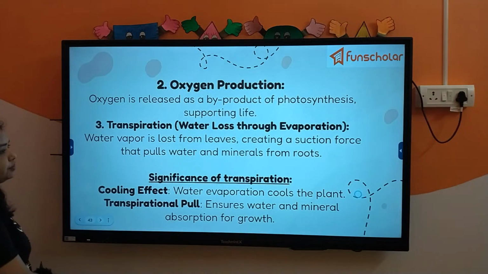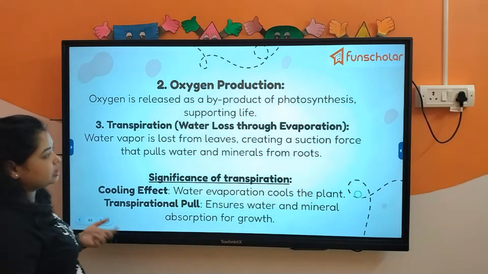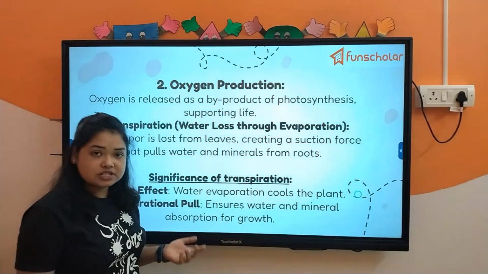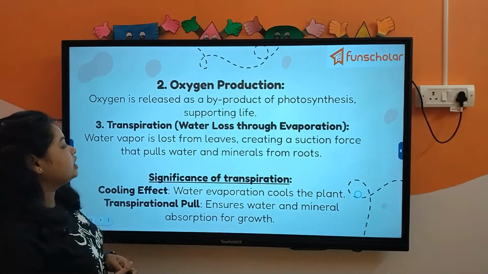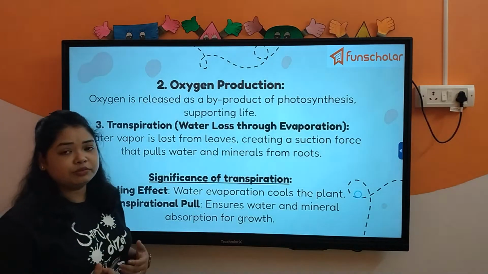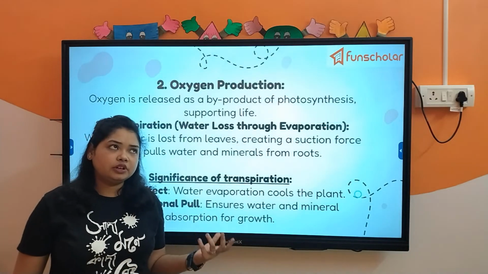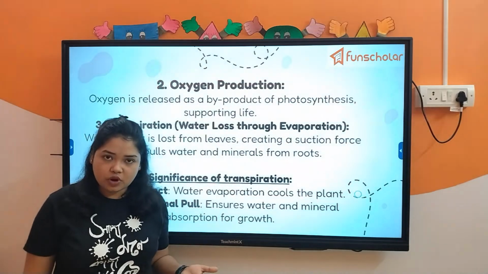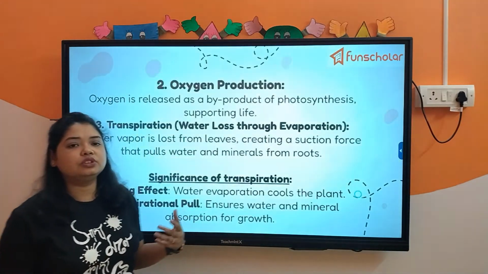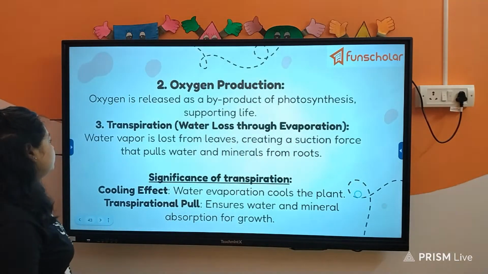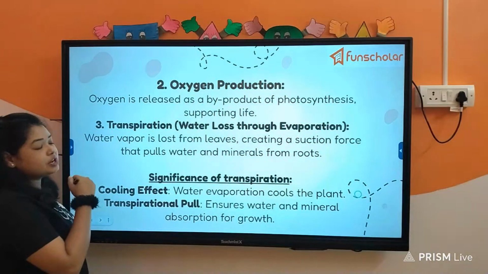Next thing is the transpiration, which has been discussed. Now transpiration means loss of water through the stomata in the form of water vapor. So whenever there is a hot and humid condition, there will be excess water in the plant body. So these are the conditions in which the plant transpires.